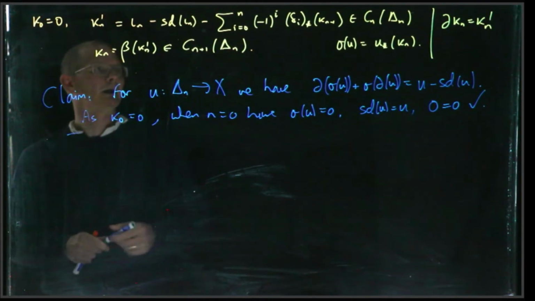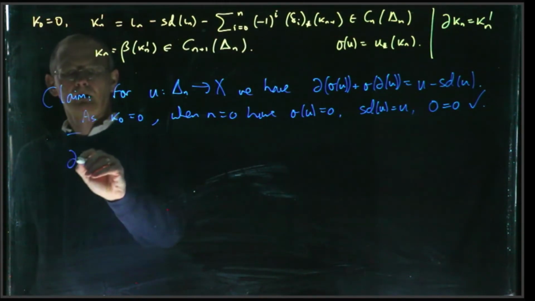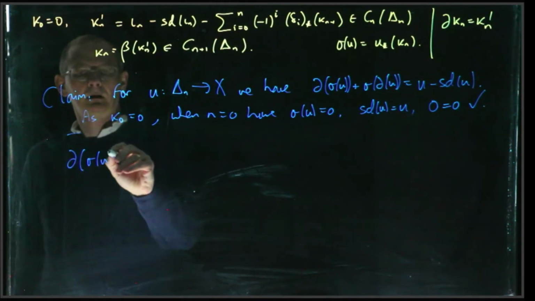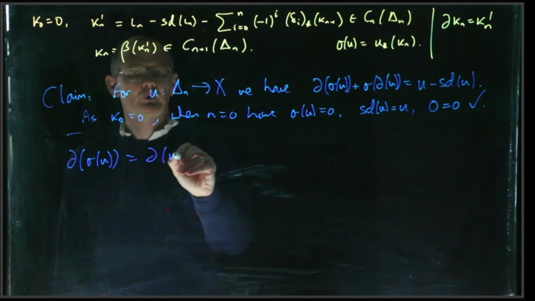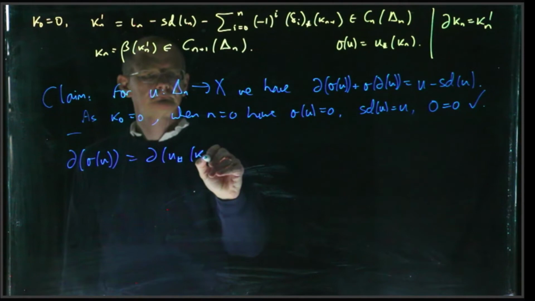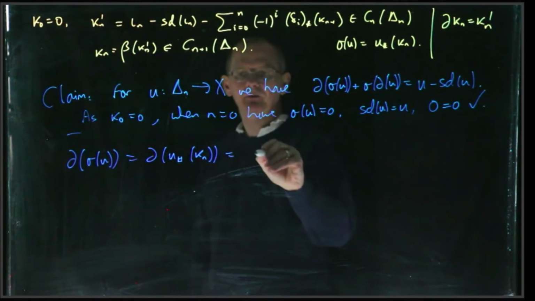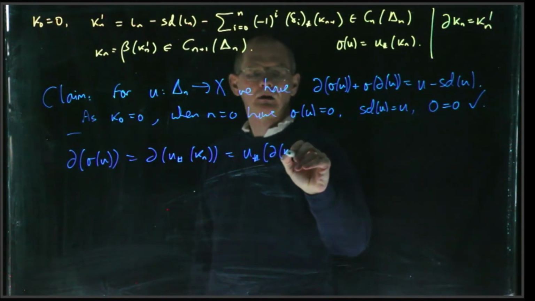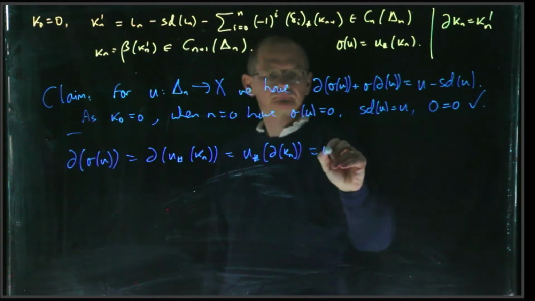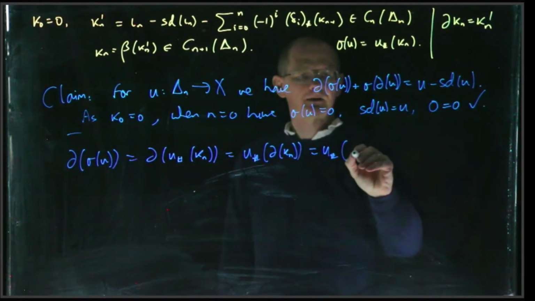Okay, so now let's look at dσu. That's d of u hash of κ_n. But we know that u hash is a chain map, so this is u hash d of κ_n. That's u hash of κ_n prime by this thing that we just worked out.